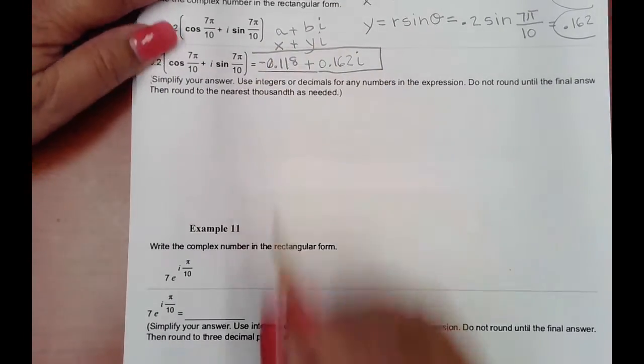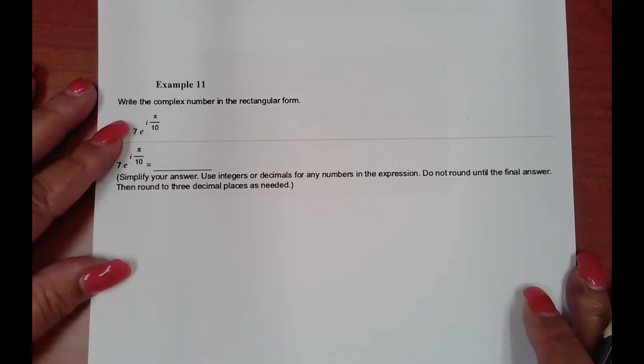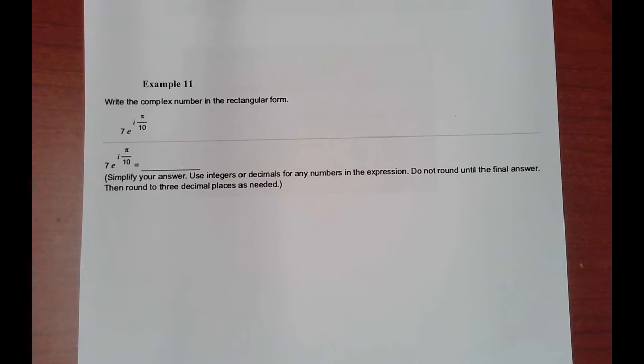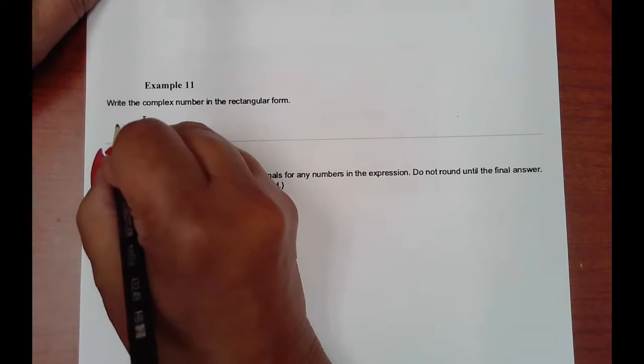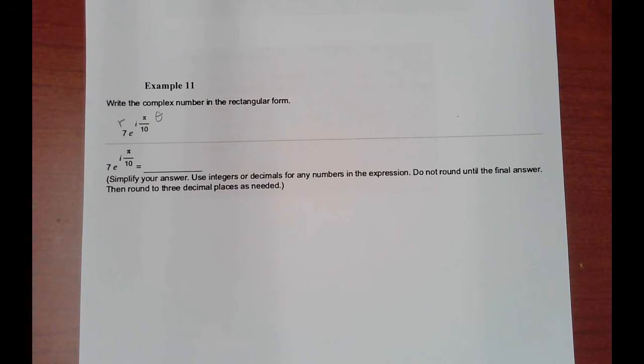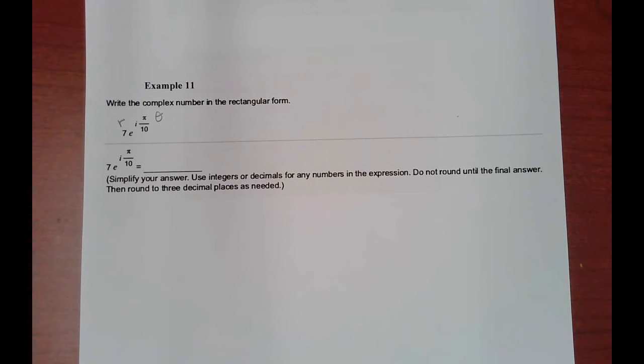Then moving on to this one in number 11, it says write the complex number in rectangular form. You can see what the r is, you can see what the theta is, even though it's written in exponential form, which is a shortened version of the notation.